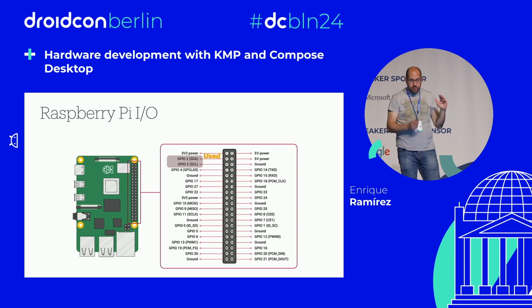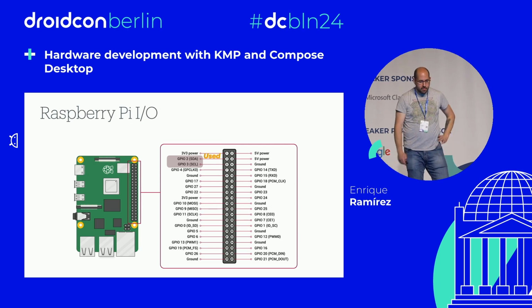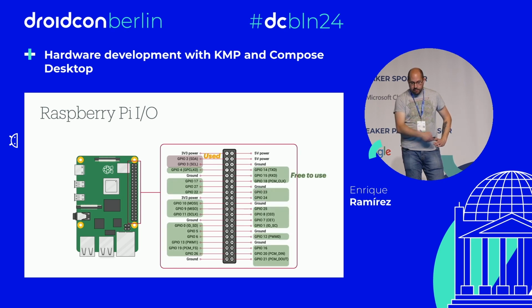Sorry, I forgot to mention, GPIOs are pins that you can configure as input, outputs, digital or analog. So very configurable, very flexible. So we basically have all of those free to use.